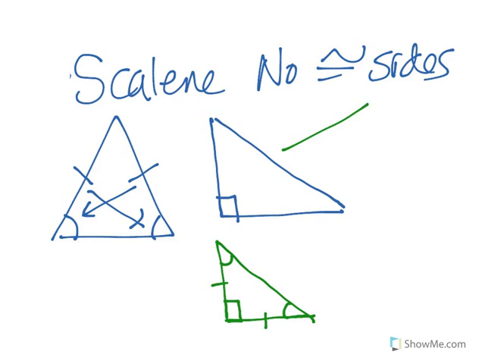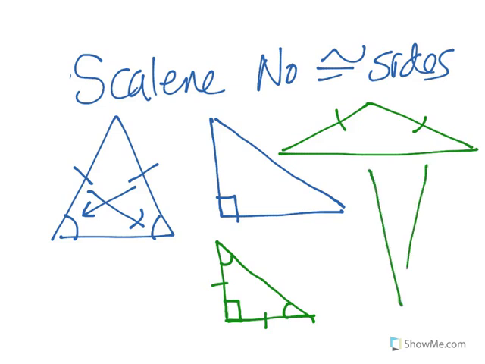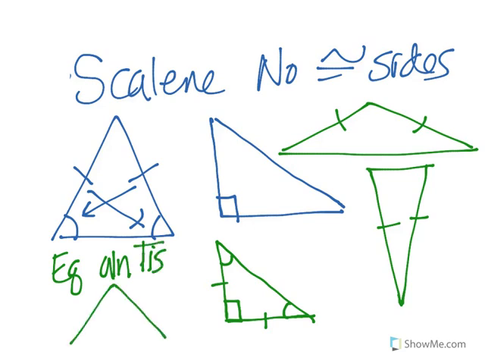You could have an obtuse triangle that's isosceles. Could you have an acute triangle that's isosceles? Yes. You could have one like that. Is an equilateral triangle an isosceles triangle? Well, yes, it has at least two sides that are the same.